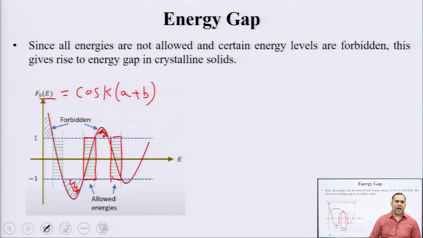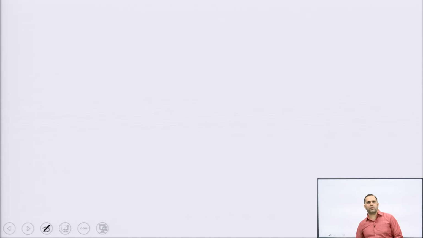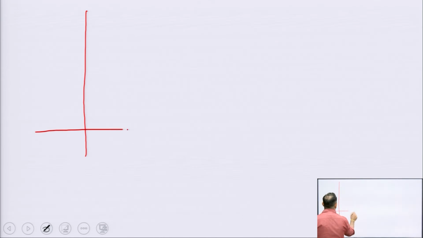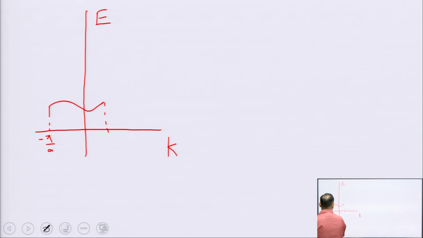And if we plot this function, E versus k, using the equation which we have obtained from the Kronig-Penney model, you would see that the energy has some kind of a parabolic behavior.